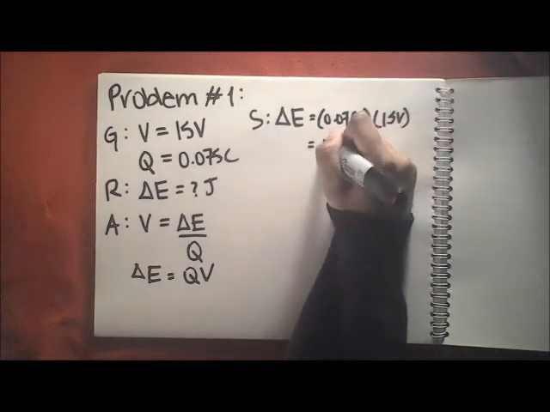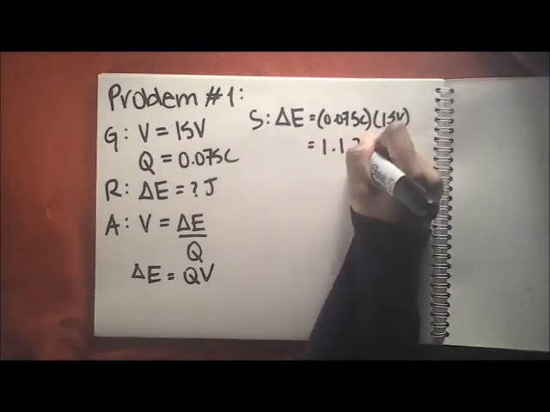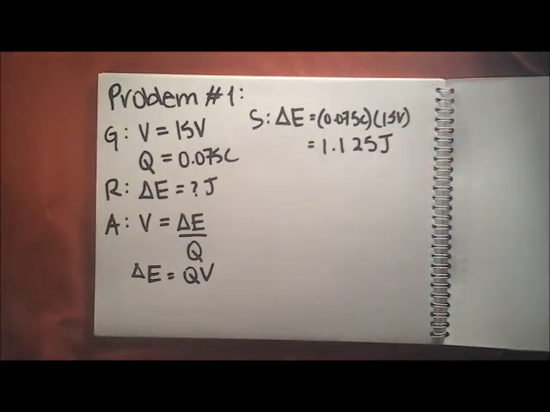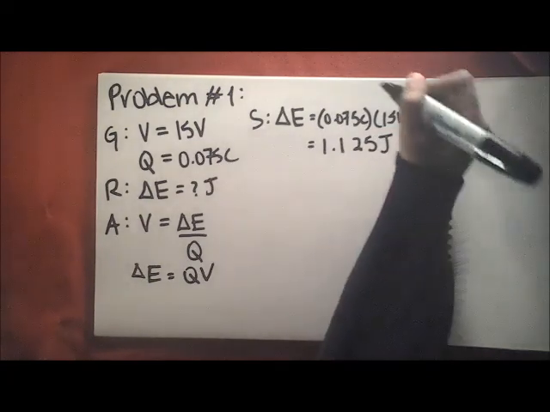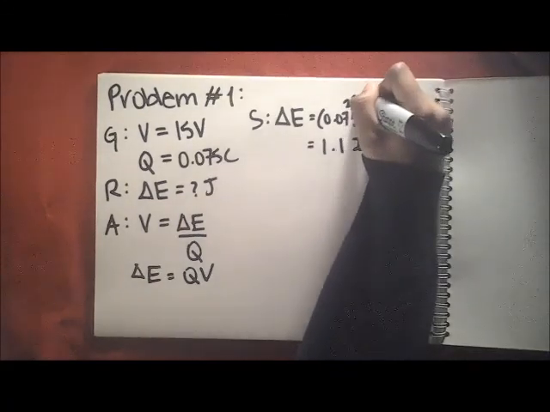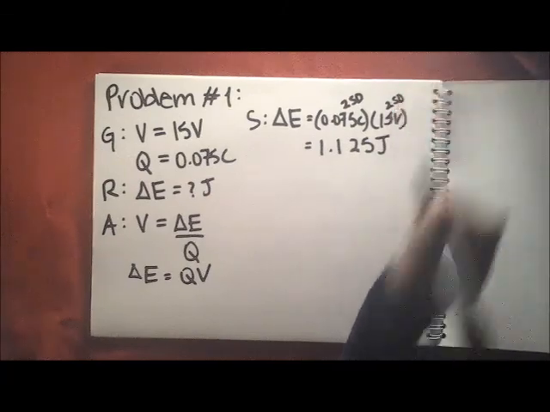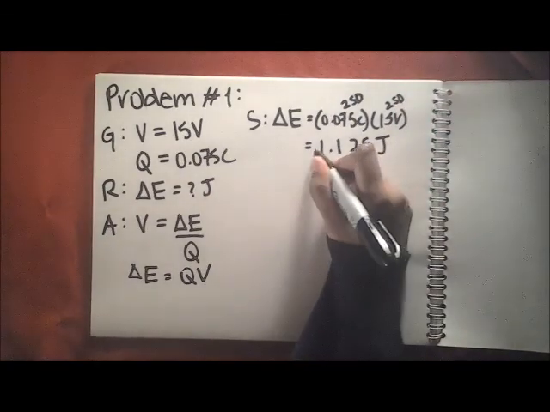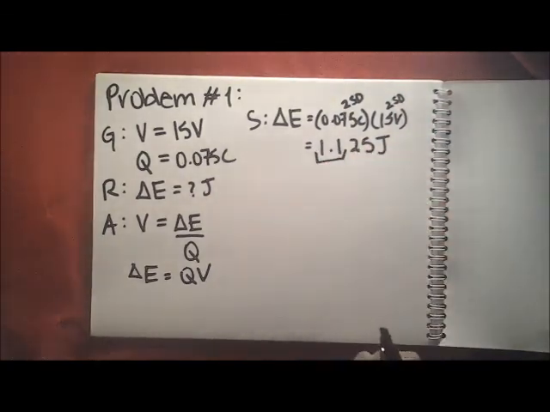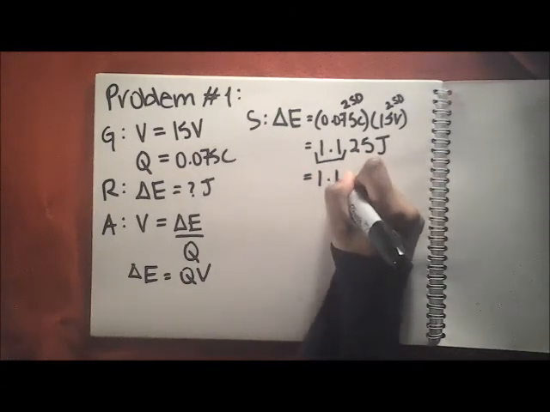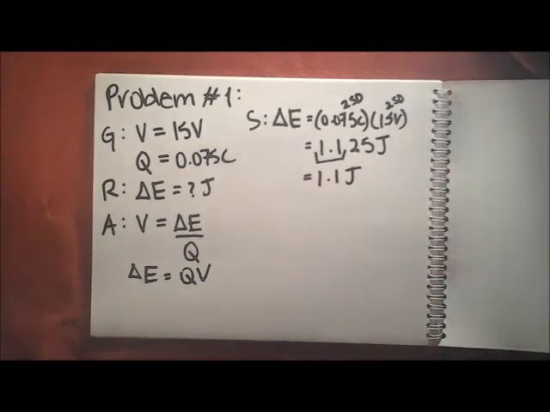Next, we write our full calculated answer in joules. Now we can look for the lowest amount of significant digits in our original numbers, which in this problem is 2 significant digits. So our final answer will also have 2 significant digits.